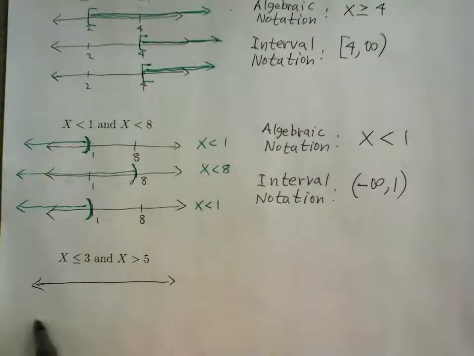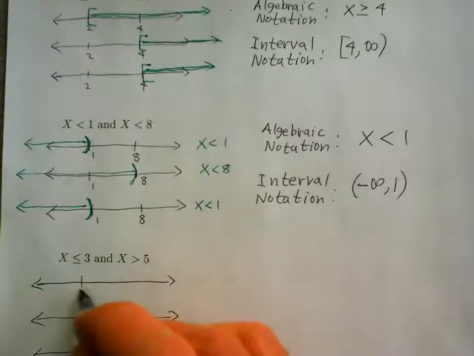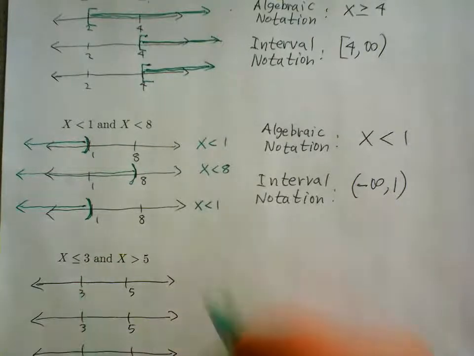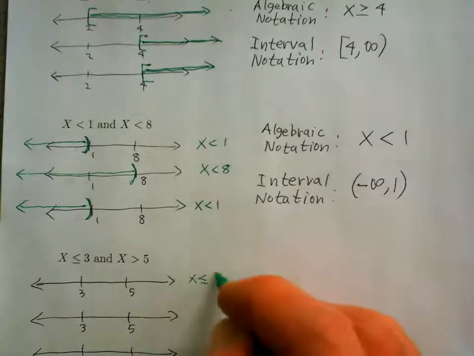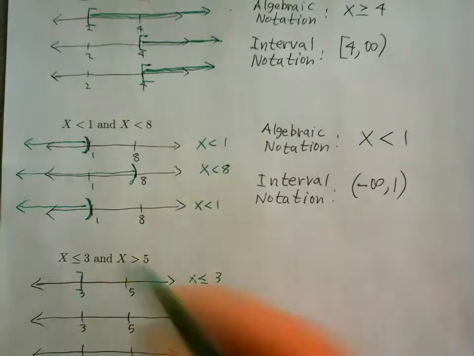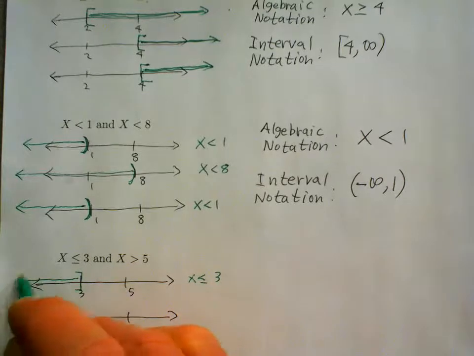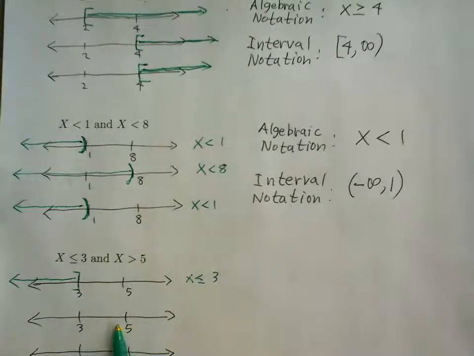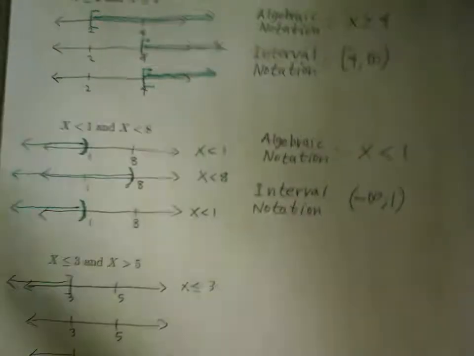Let's go through the 3-number line approach. The top one, x is less than or equal to 3. So that's from 3 and to the left. And then the middle one will be x is greater than 5.